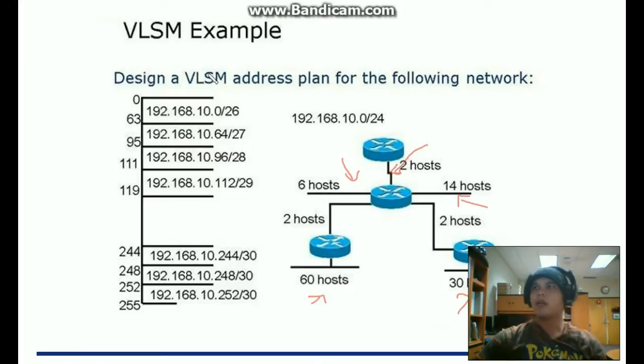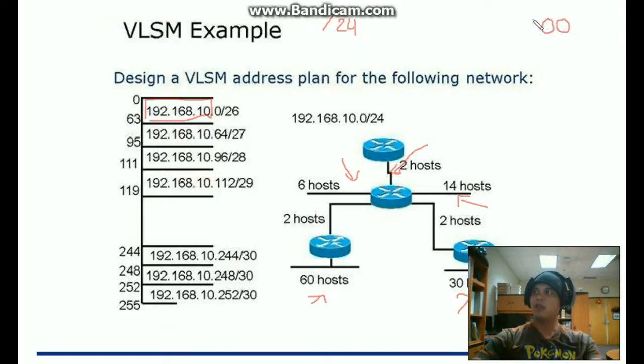Well, first of all, we need to know what we are given. Looks like we were given a Class C address right there, 192.168.10. So that means our default subnet mask is going to be a /24. Knowing our requirements for hosts, we need to find how many 0 bits in the subnet mask we have to make at least 60 hosts. If we draw this out, 0 gives us a number of 2.